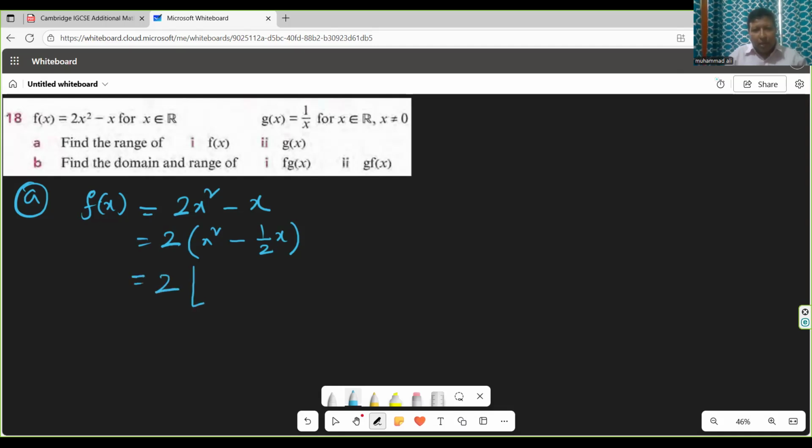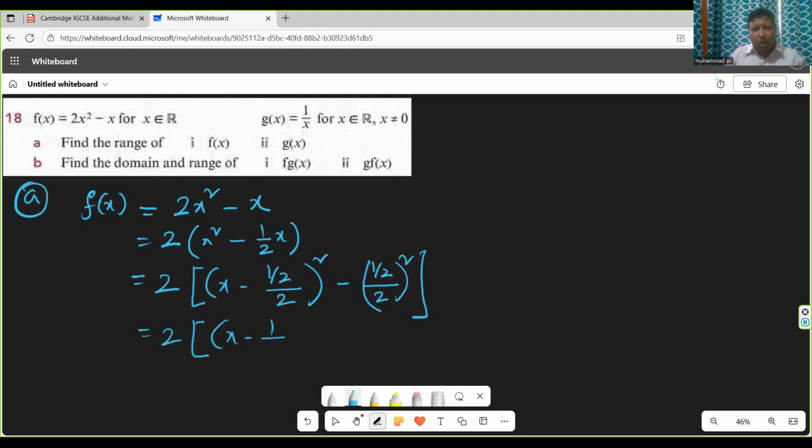So 2 here, it will be (x − b/2)², that is half divided by 2 whole square minus half divided by 2 whole square. So it will be (x − 1/4)² − (1/4)².